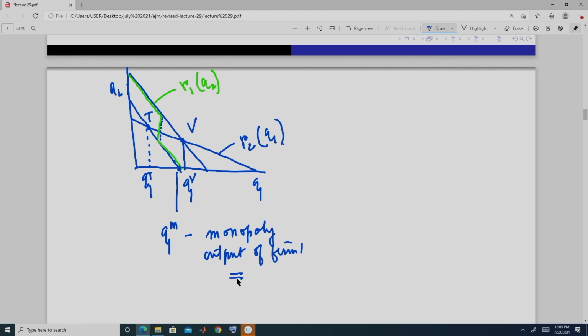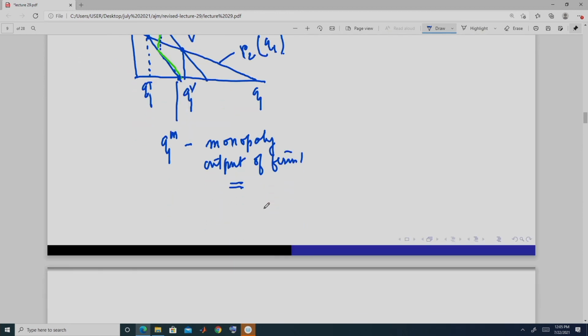Okay. And in this monopoly outcome, what do we have? The profit of firm 1, you can write this here, this much is going to be the output. So, we will require this much amount of capacity also. So, we can write it in this way and this is the monopoly profit.